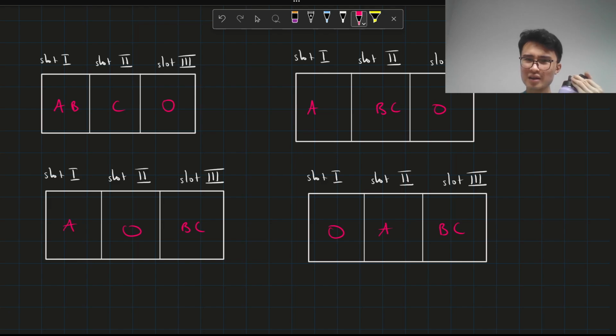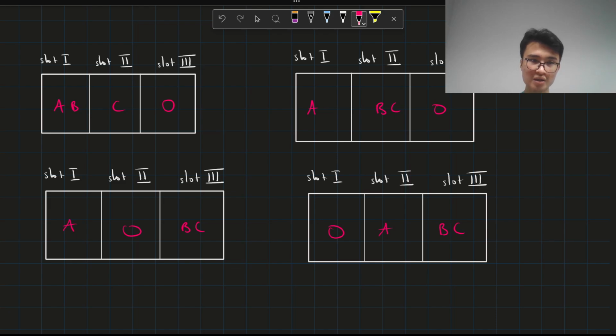They vary from one microstate to another, but the similarity is which person belongs in which slot. That might sound a bit confusing, but you can see in this microstate, B is between A and C.